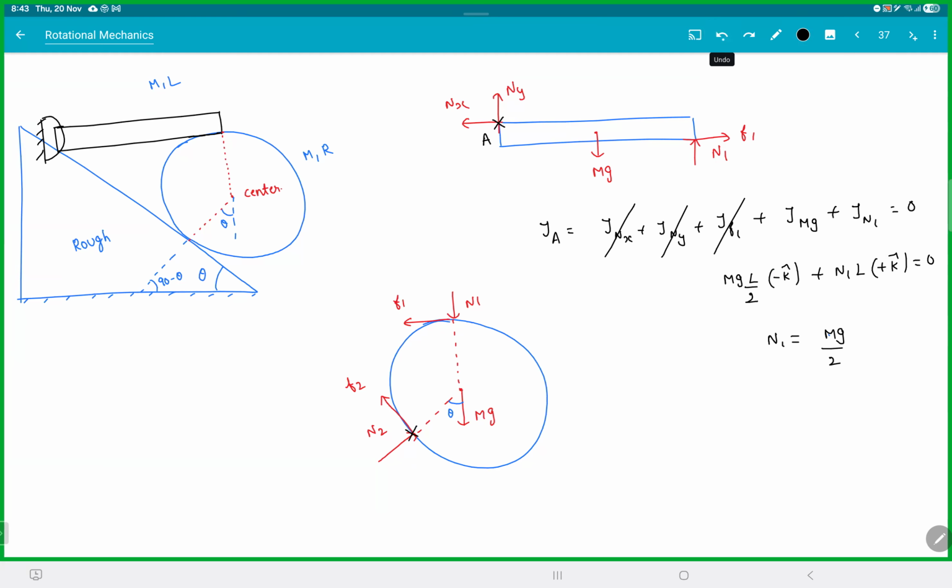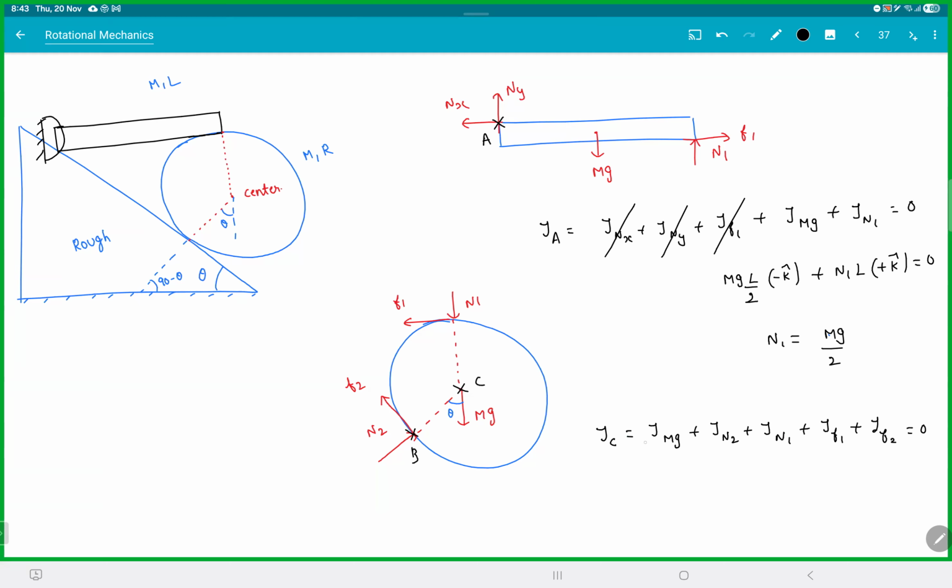And once I get F1, I can do even something better. If I take torque about the center, I'll call it C, we get torque due to mg, torque due to N2, torque due to F1 and torque due to F2 must be 0.